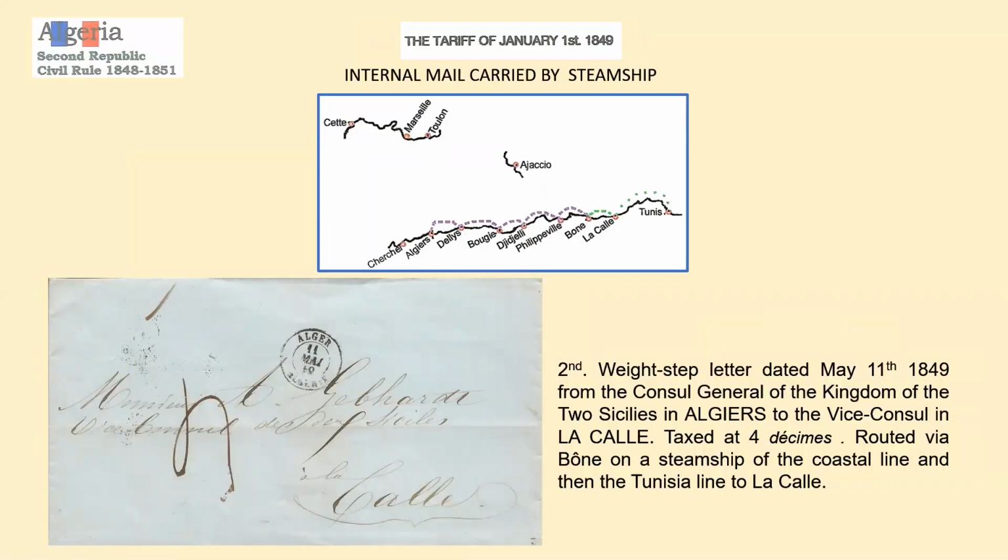Internal mail carried by steamship. This was quite common because the infrastructure at that time around the coast was very poor.